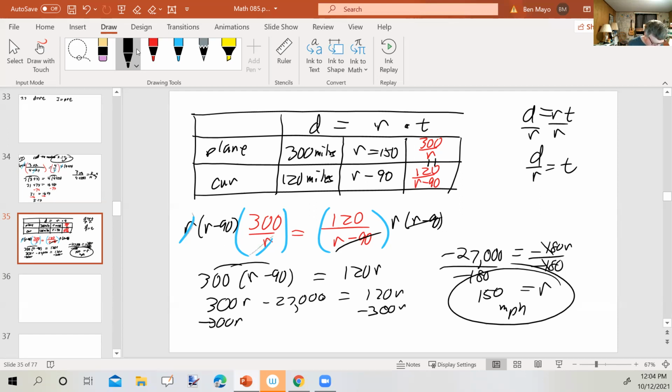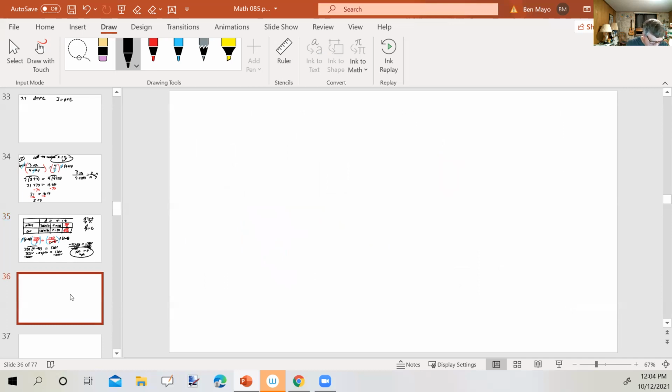Let's see here. How about this one? Comparing interest rates. Two bond funds pay interest at rates that differ by 2%. Money invested for 1 year in the first fund earns $315. The same amount invested in the second fund equals $385.